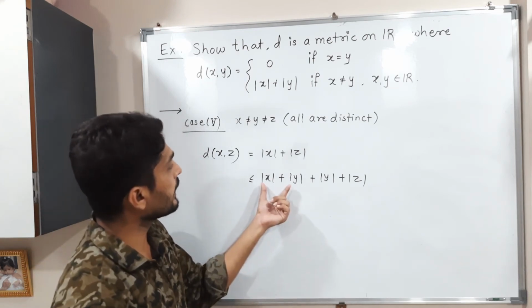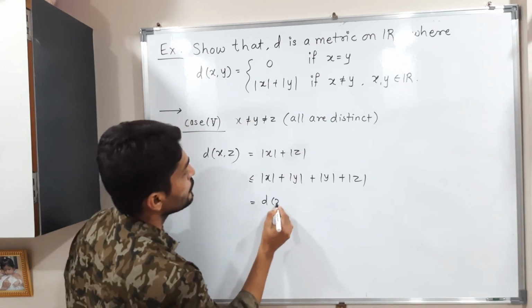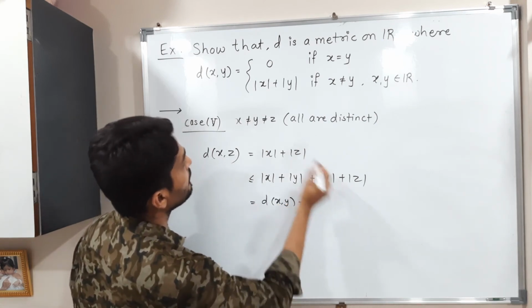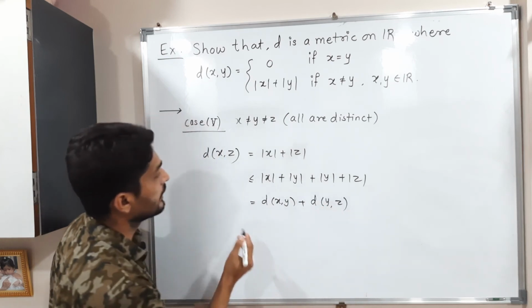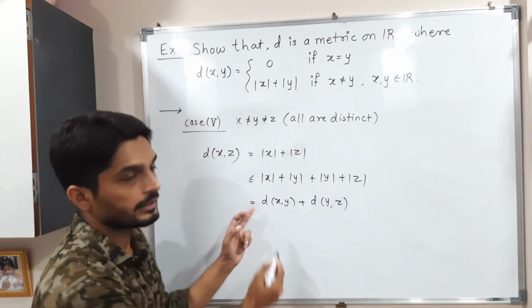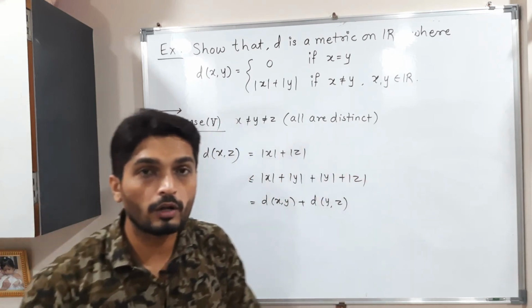See, but mod x plus mod y, that is nothing but d of xy, right? And mod y plus mod z, that is nothing but d of yz. So here also we get inequality, should be less than or equal to. So what is our conclusion if you consider all 5 cases?